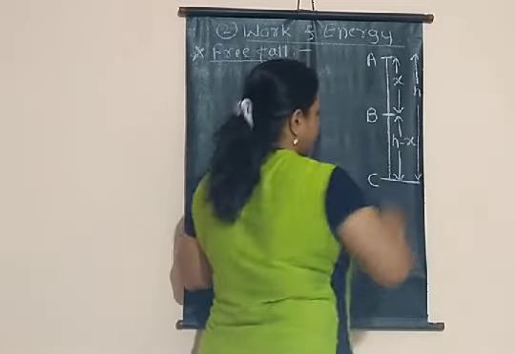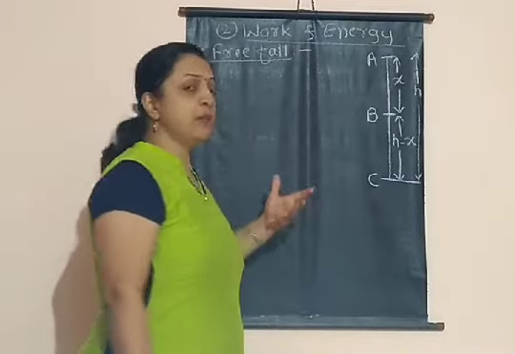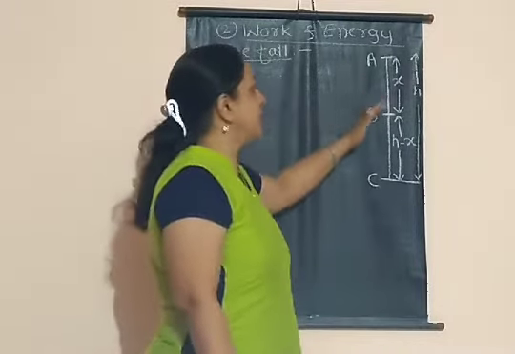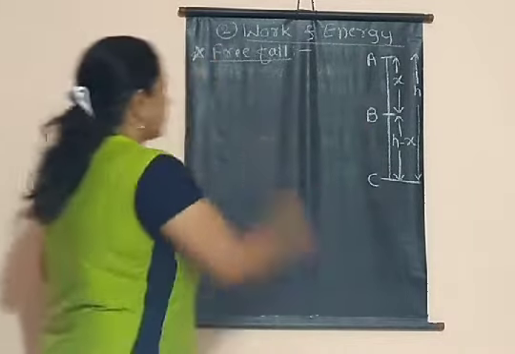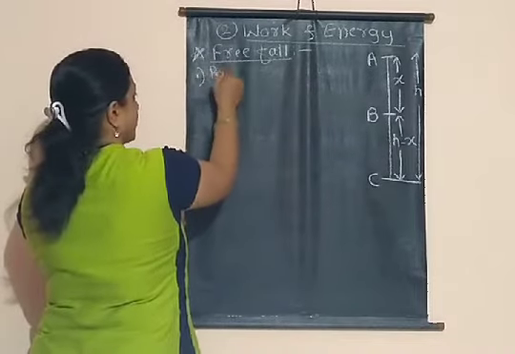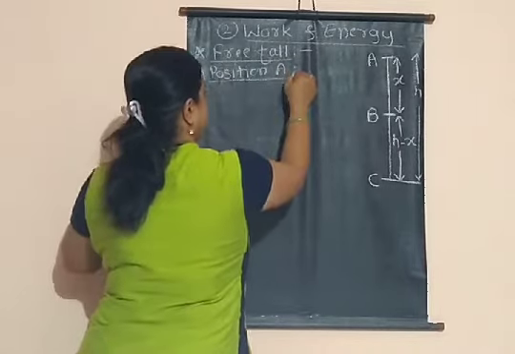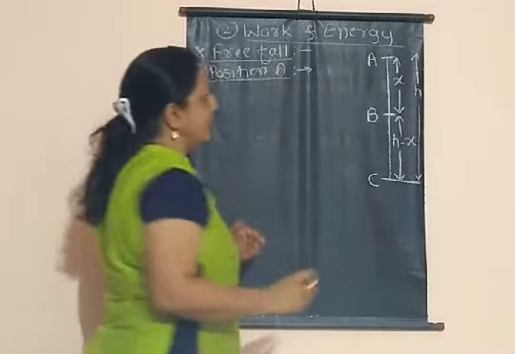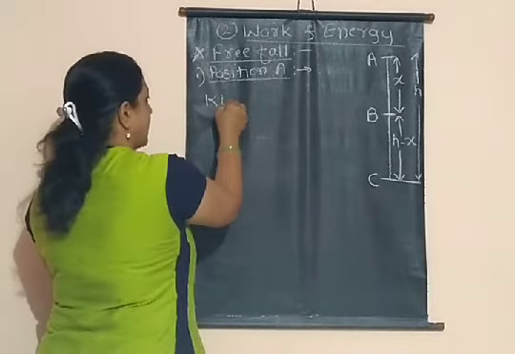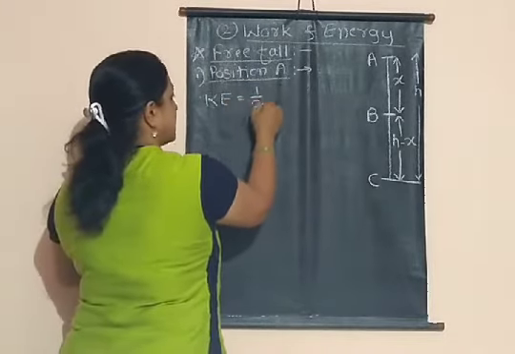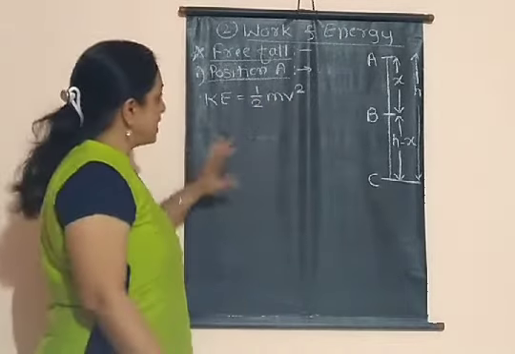Now we have to study the kinetic energy and the potential energy at these three different positions. First we consider position A, and let us find the kinetic energy at position A. What is the formula for kinetic energy? The formula is half mv square. Got it? Now let's see what happens in this case.